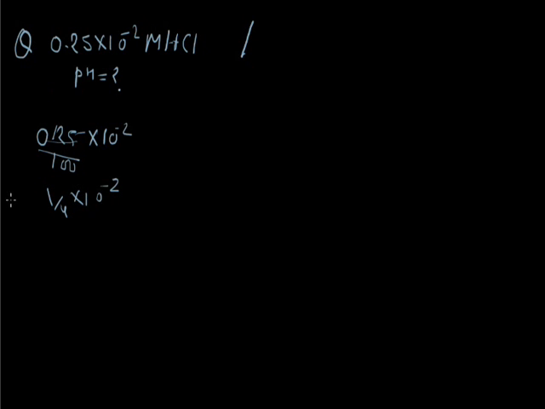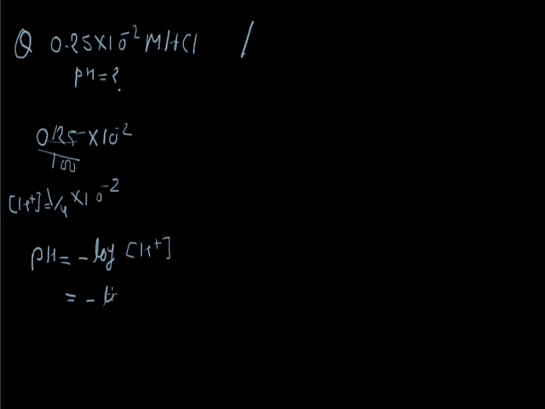So here concentration of H plus ion is equal to 1 by 4 into 10 to the power minus 2. Now we apply the formula. pH is equal to negative logarithm of concentration of H plus ion.